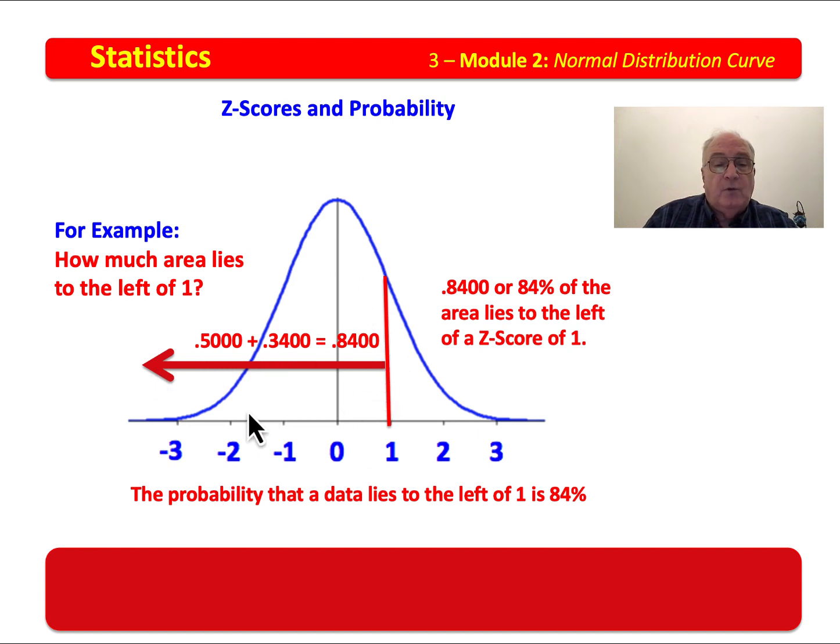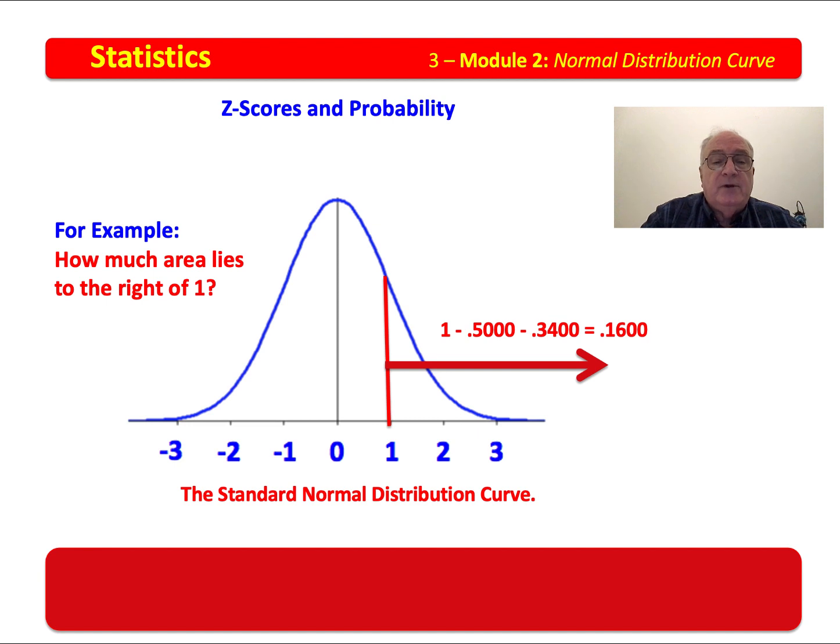So we have 84% of the area to the left of a z-score of 1, and we can convert that to a probability. We have a decimal, we have a percent, and we have a probability. And 84% means that 84 times out of 100, a random data point will fall in this range.